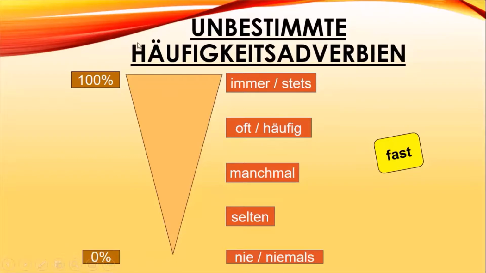Häufigkeit is a noun and it is die Häufigkeit, a feminine noun. But if you remove the keit, then you have the adverb häufig, which means frequently, which is the same as often.